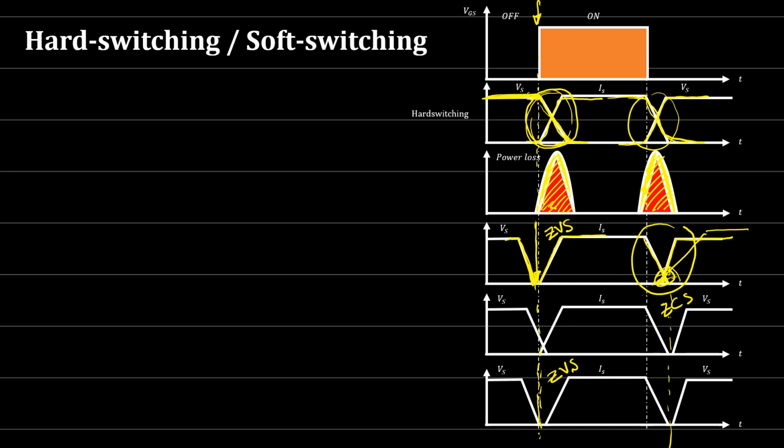Now within the converter, there are three main types of zero voltage and zero current switching, depending on where this soft switching happens. If we manage to get the soft switching at the switch itself, for example by adding a capacitor and inductor, the resonant circuit, on the transistor itself, this is what we call the resonant switch converter.